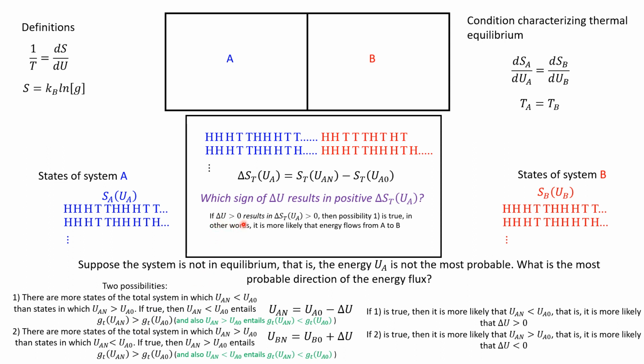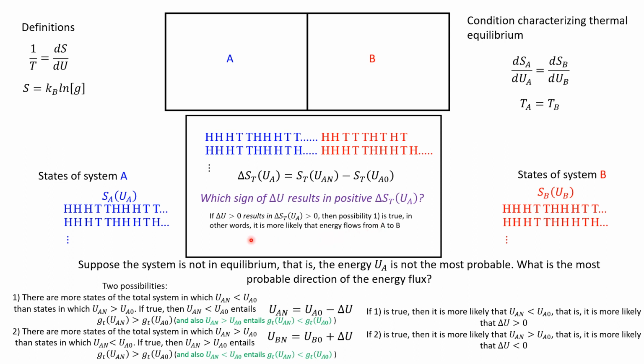So positive delta U, U_A new lower than U_A naught, entailing positive delta S_T, that can only be the case if possibility 1 is true. So if we identify that a positive delta U results in a positive variation of the entropy, we have identified that possibility 1 is the true one.